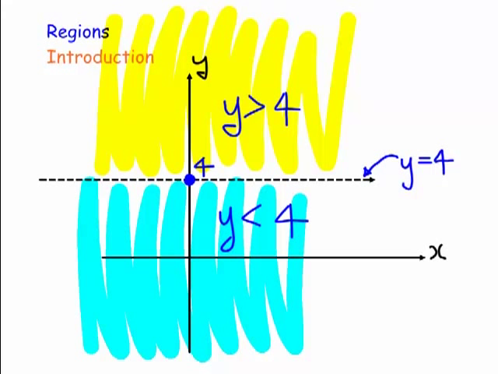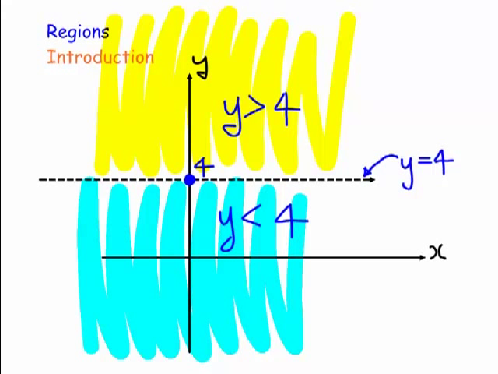Now, if I wanted to make it greater than or equal to, the line y equals 4 would have to be a solid boundary. This is fairly simple. Above is greater than, and below is less than, and if I draw x is equal to something, to the left is less, and to the right is greater than.